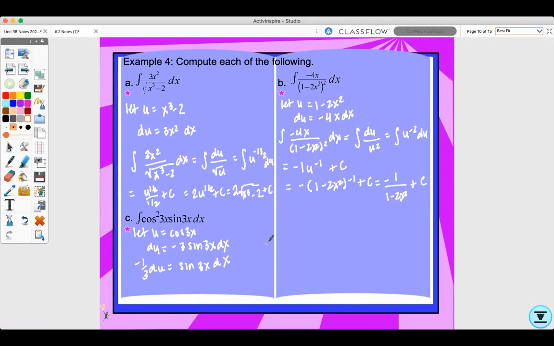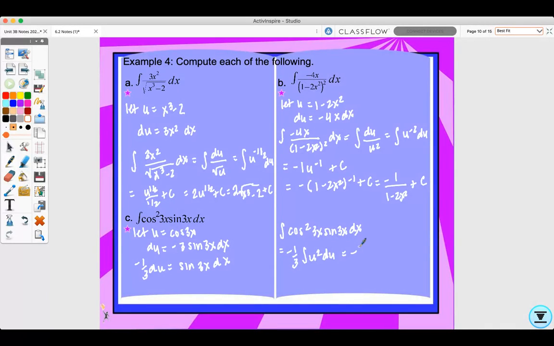So here, I'm just going to go over and do my work. I would have cosine squared 3x sine 3x dx equals negative 1/3 u squared du.